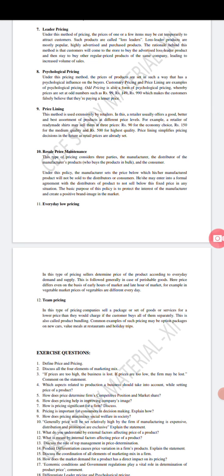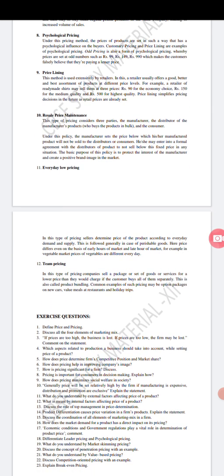Next, point 10, resale price maintenance. Resale price maintenance means this method is used by those persons who resell the product. As we know, first of all, manufacturer sets the price of the product because the manufacturer makes or develops the product.